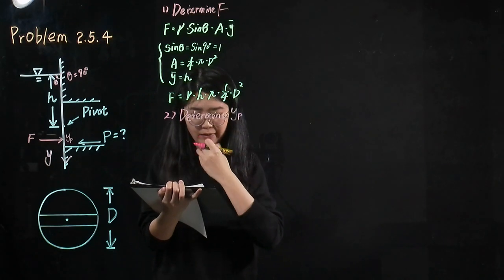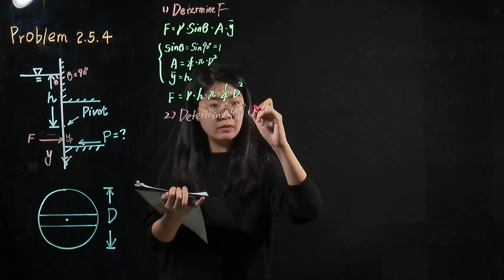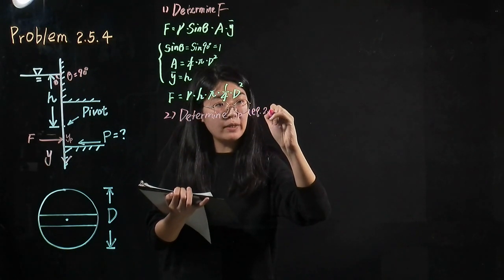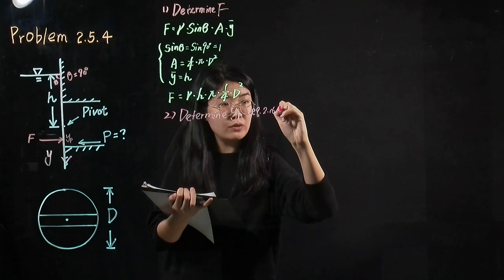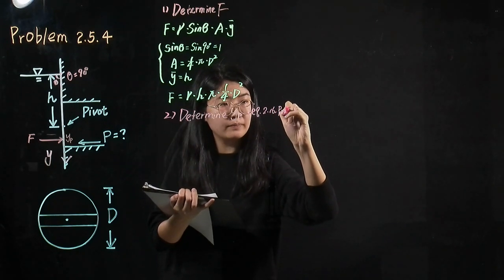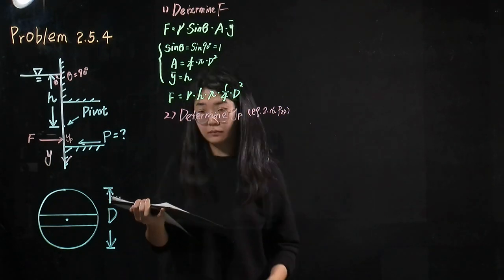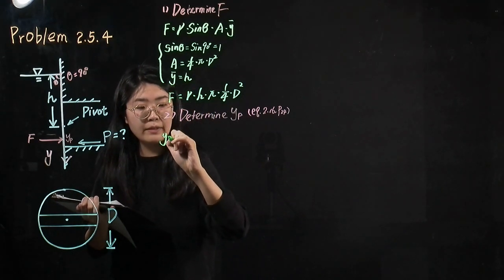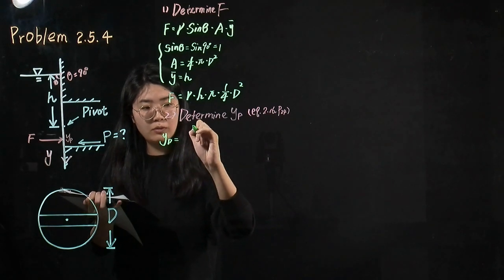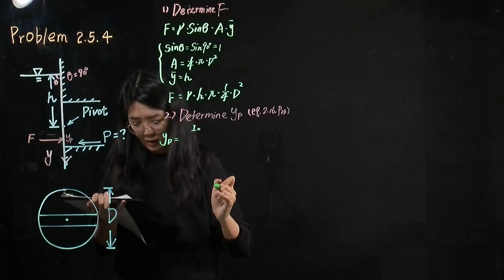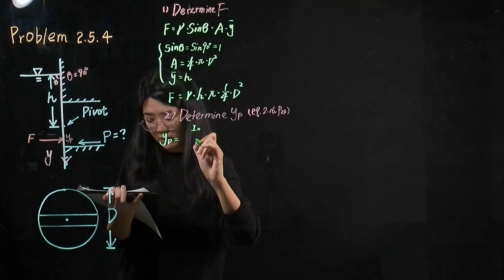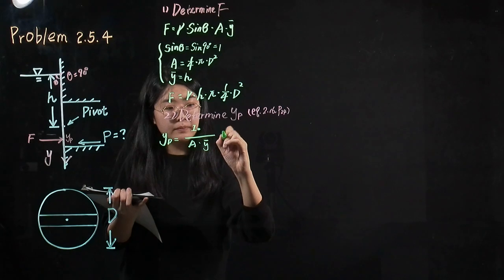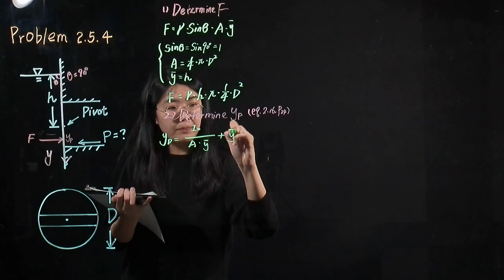The equation number is 2.16 on page 24. It shows that y sub p is equal to the moment of inertia of a circle over A times y bar, plus y bar.